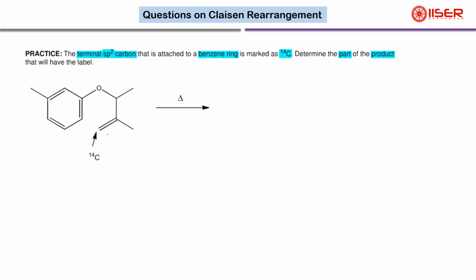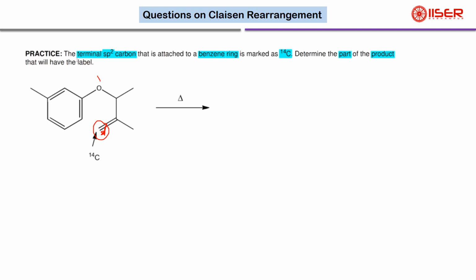In this substrate the terminal carbon is isotope labeled. So after the formation of the product, which carbon will be isotopically labeled?